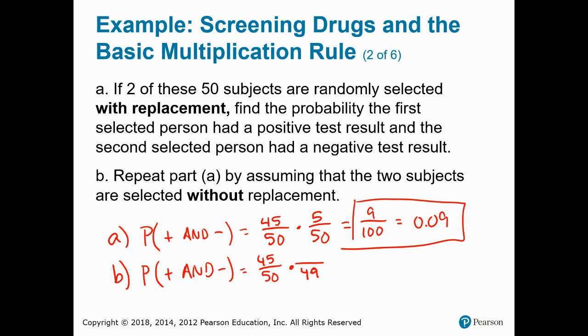So how many negative ones are there? There are still 5, but there are 49 to choose from now. So that creates a different probability. 45 times 5, still on top, is 225 over 50 times 49, which is 9 out of 98, and as a decimal, to 3 sig figs, would be 0.0918.